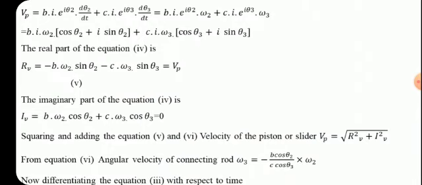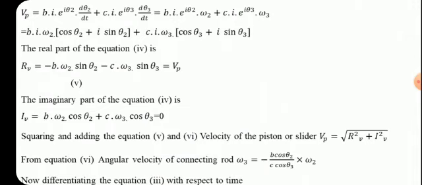Vp is equal to b i omega 2 e^(i theta 2) plus c i omega 3 e^(i theta 3), where e^(i theta 2) is nothing but cos theta 2 plus i sin theta 2, in the form of cos phi plus i sin phi. So b i omega 2 into cos theta 2 plus i sin theta 2 plus c i omega 3 into cos theta 3 plus i sin theta 3.